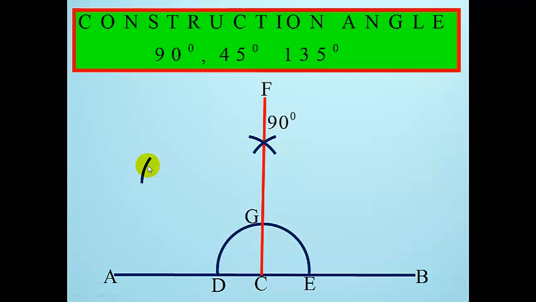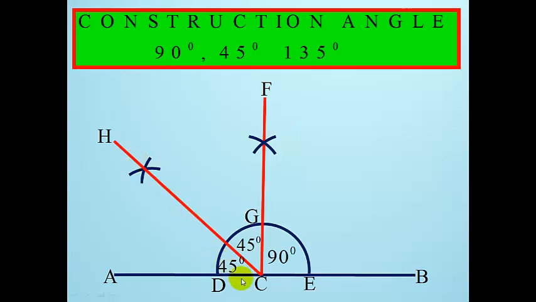With that same reasonable radius, stand at D and describe another arc. Where the two arcs meet, draw a straight line from C passing through the intersection of the two arcs as shown.